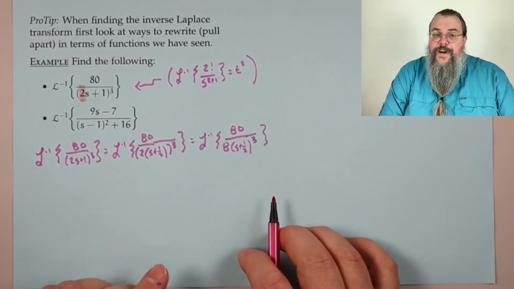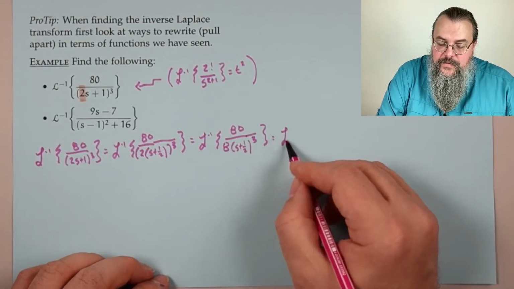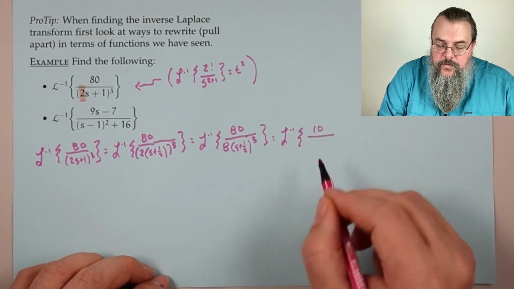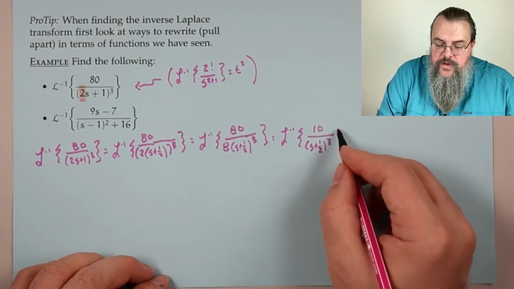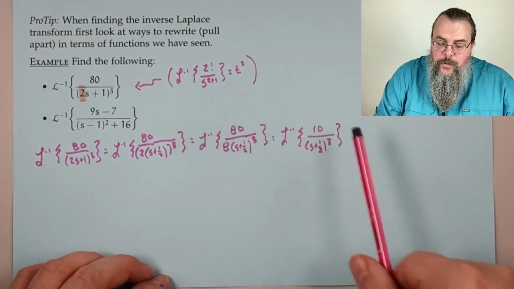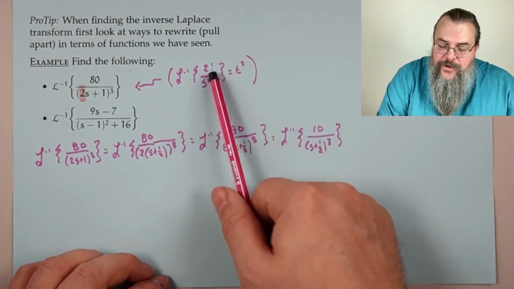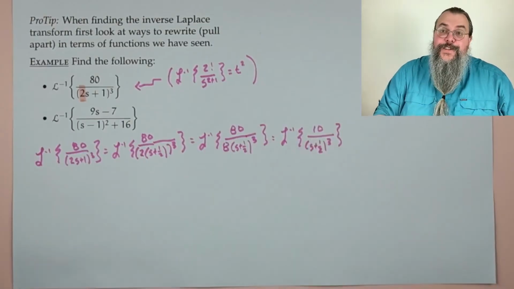Okay, so we're making progress. 8 goes into 80 10 times. So this is inverse Laplace of 10 over s plus a half cubed. So we're getting close. Now, what do we want upstairs? We want 2 factorial, which is 2. What do we have? 10, which is not 2.